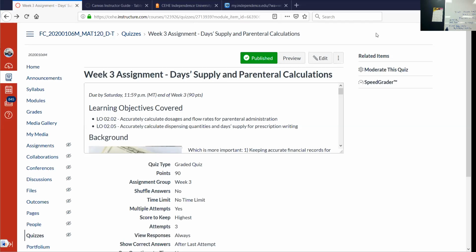Remember that when we are having to do a problem that isn't just a straight volume over time, we have to calculate a dose based on the delivery method. So in this case, we're calculating a dose per hour. That's D. In infusions, we always calculate D as a dose over some period of time.